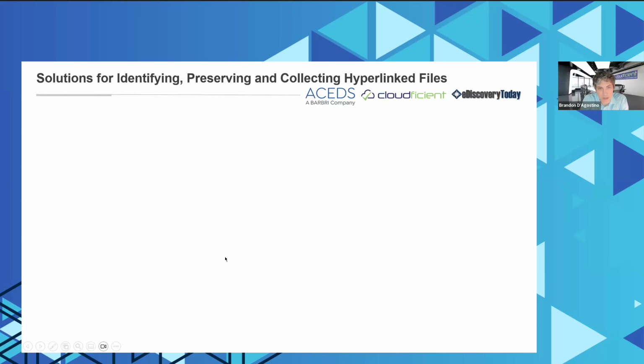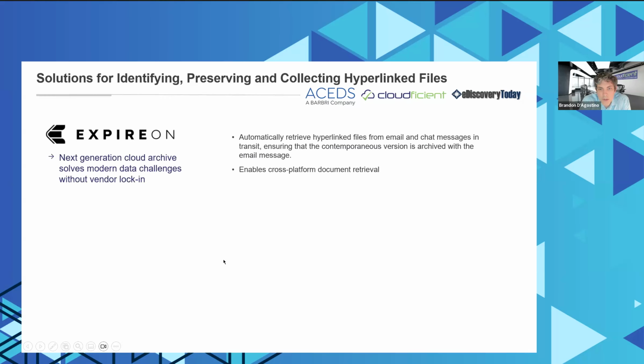Yeah, great. Well, let's get started with the first, which is Expiron. So to John's point, this really is a source data issue as much as it is a collection or preservation issue. Expiron is our cloud archive technology. What we allow you to do is actually retrieve the as-sent version while we're journaling the email stream.